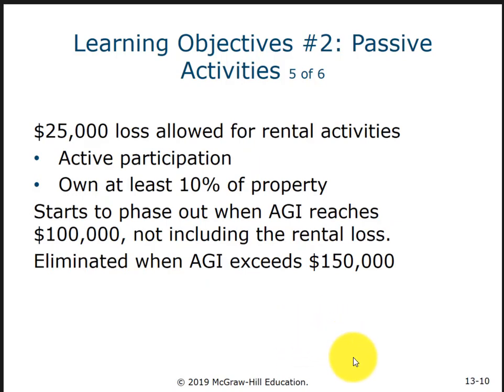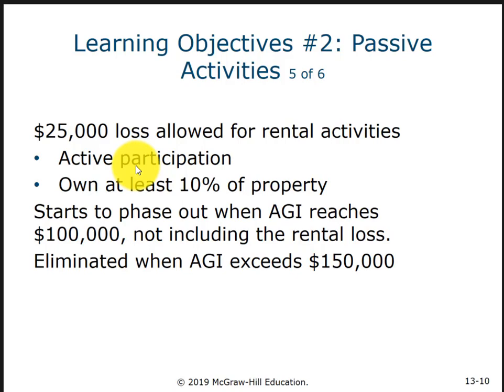If it's passive, and this was brought up, say you can't fit it into the material participation rules. If it's rental real estate, then you can have a loss, okay, of up to $25,000. This has to be real estate. It can't be machinery or anything like that.